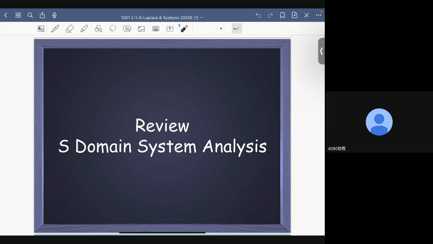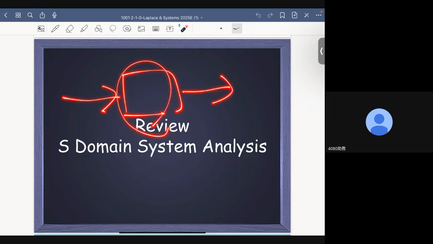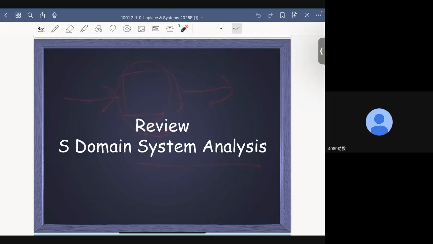Now, the first thing I want to do today is review S-domain system analysis. Remember that the goal of system analysis is that given the input is known, given the system is known, we want to predict the output. That is the principal goal of system analysis.